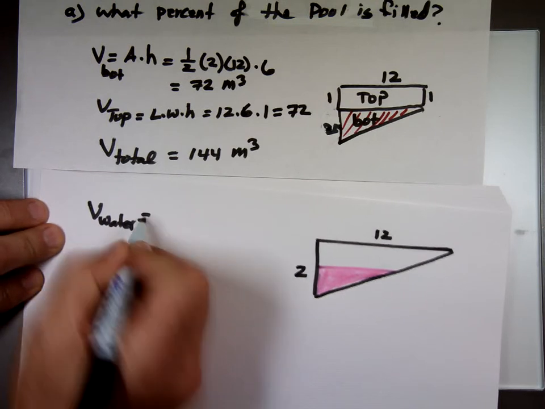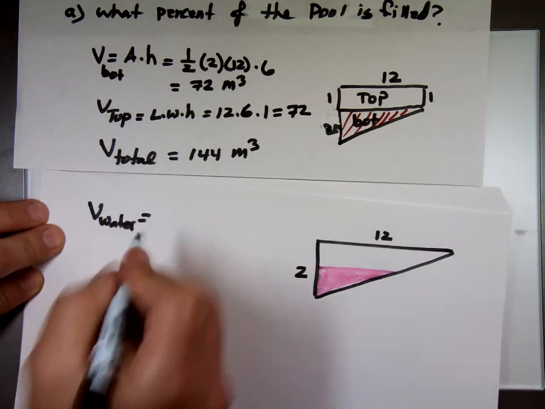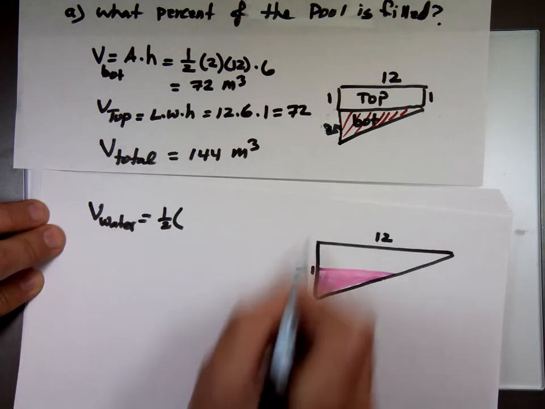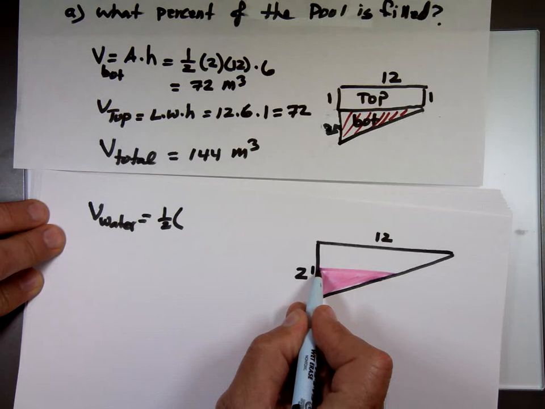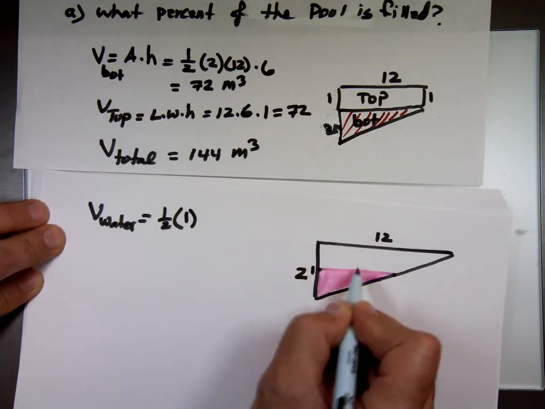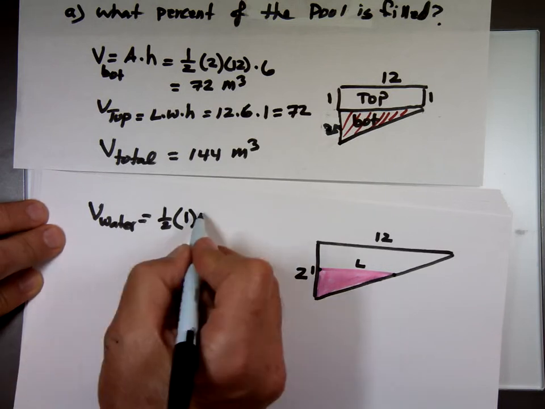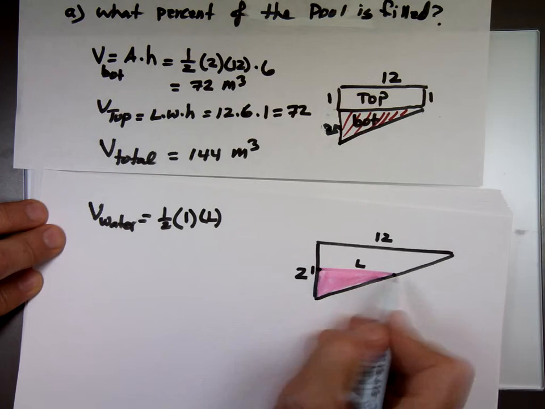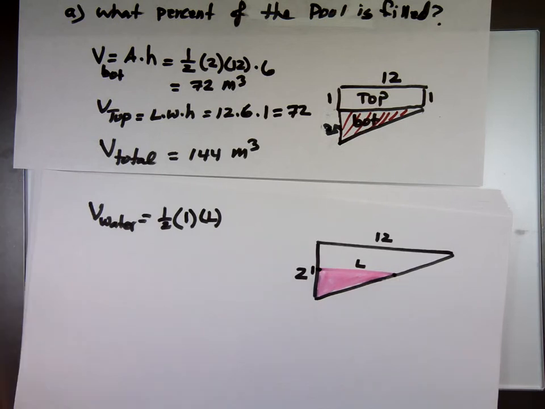We know it's 1/2 the base. The base is what? This 2 is all the way to the top. So this is 1 meter, right? 1/2 the base. Well, what's the length of that side? I don't know what that length is. I have no idea what the distance from here to there is. And how deep is it?